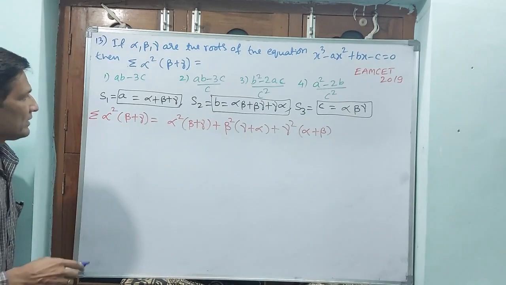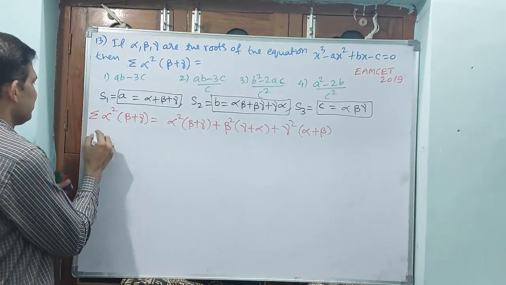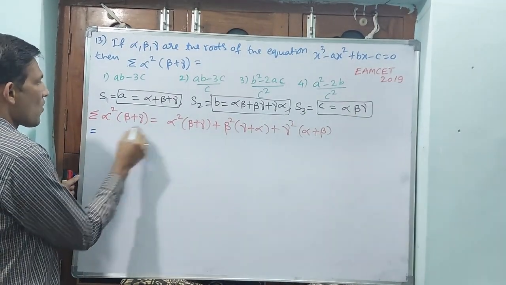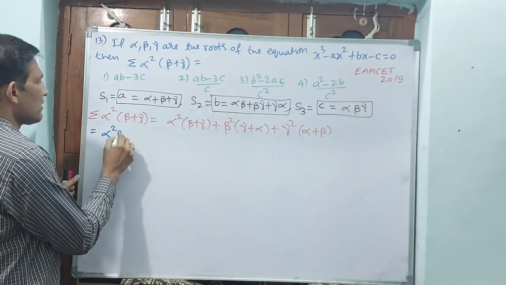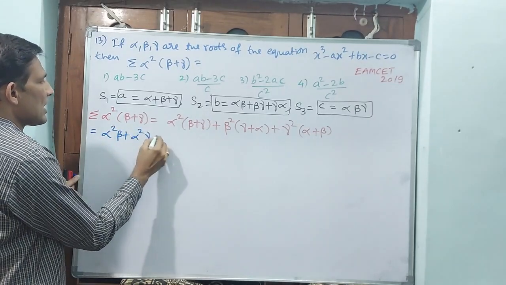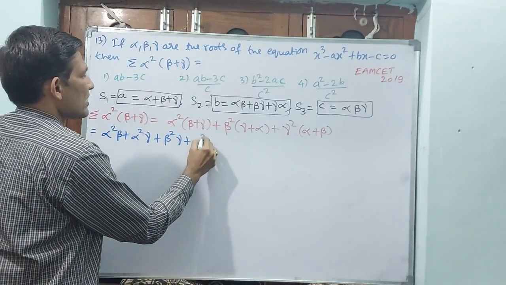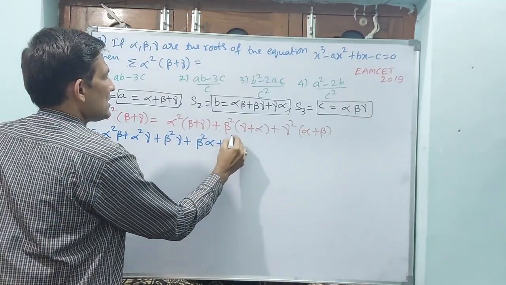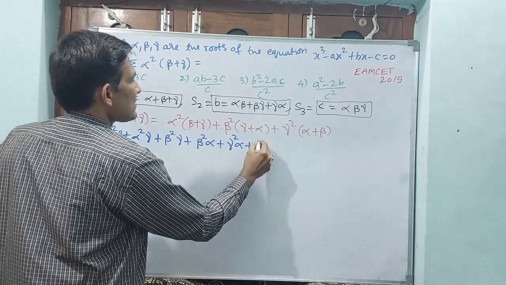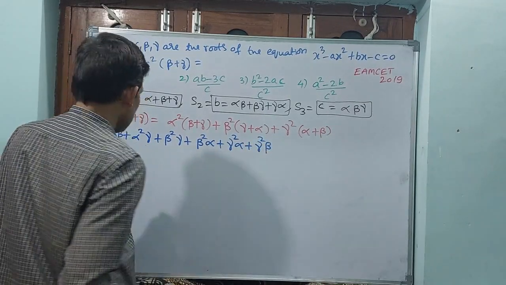Now come back again. You send inside. That is equal to alpha square beta plus alpha square gamma plus beta square gamma plus beta square alpha plus gamma square alpha plus gamma square beta.